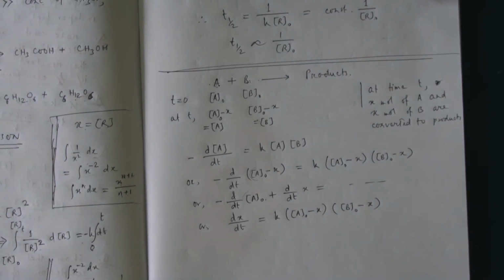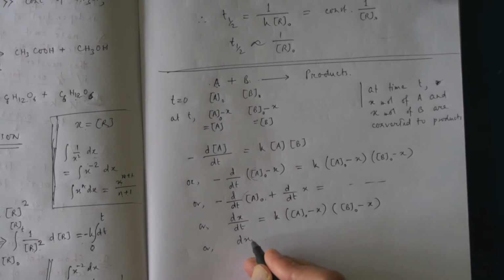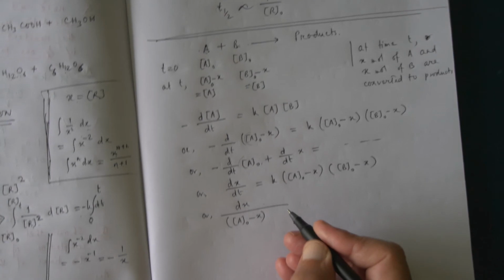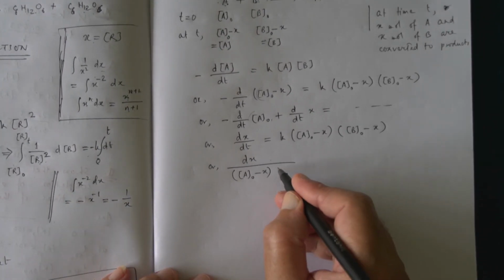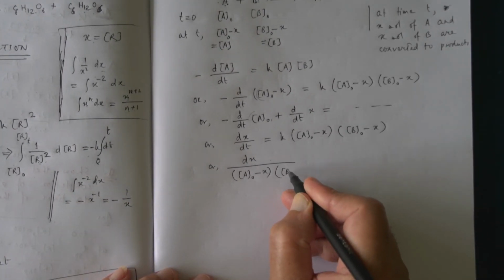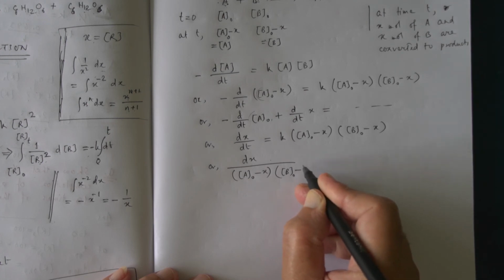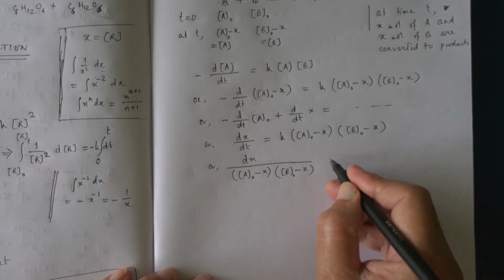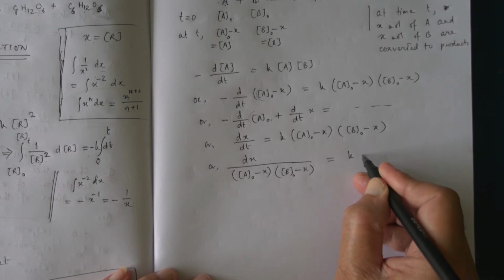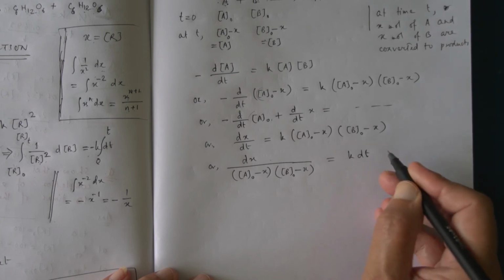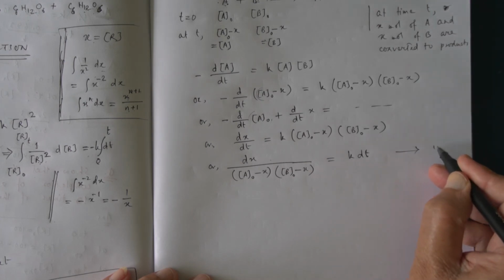Or I can write dx divided by (A naught minus x)(B naught minus x) equals k dt. So this is equation 1.